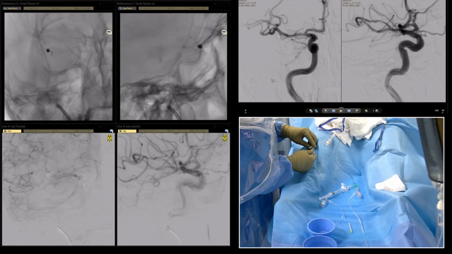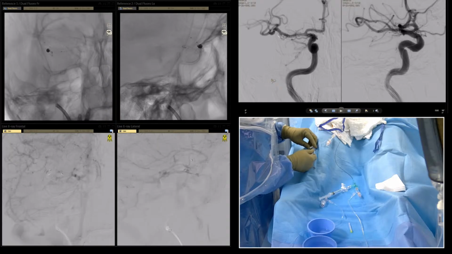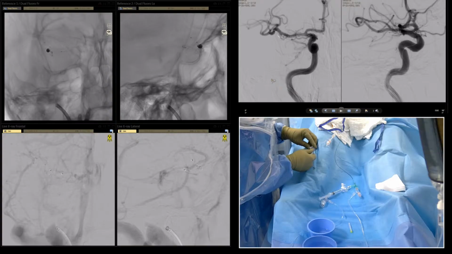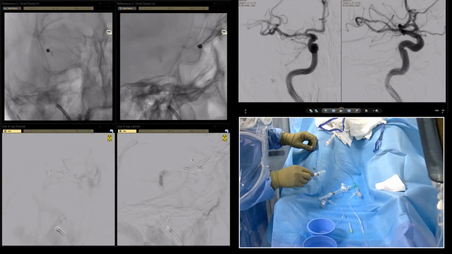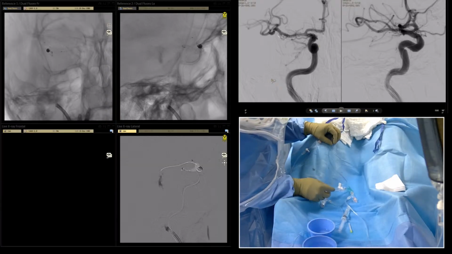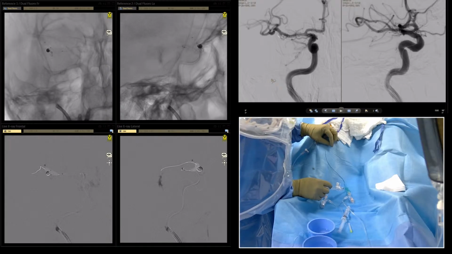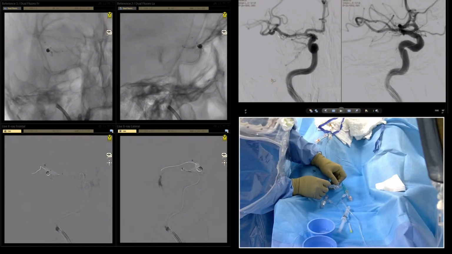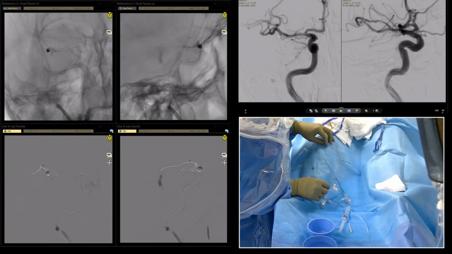Ah, it stopped. Or is it bleeding? Huh? What's this? I think the bleeding came from the first branch.